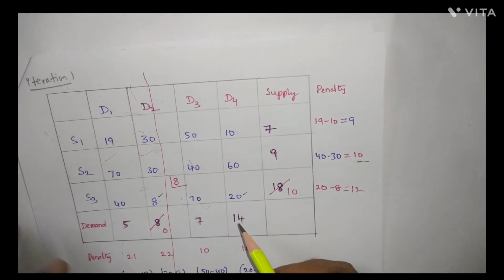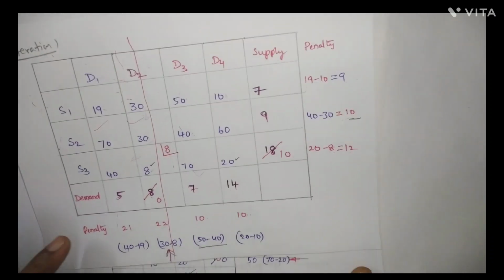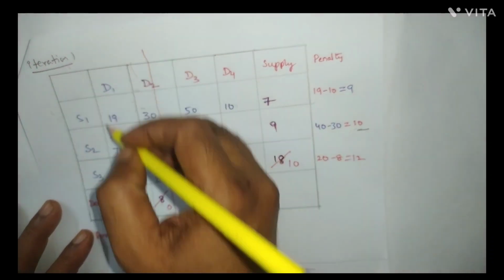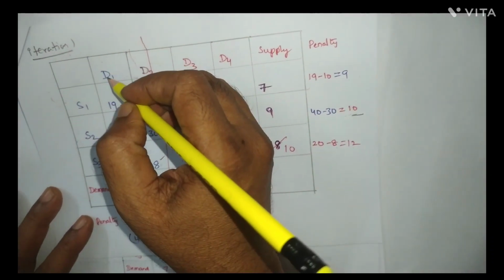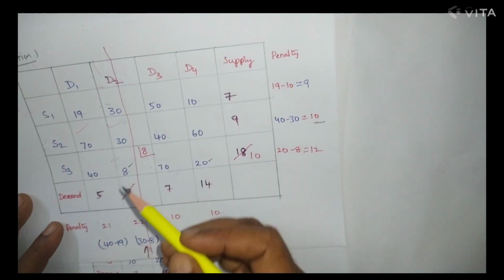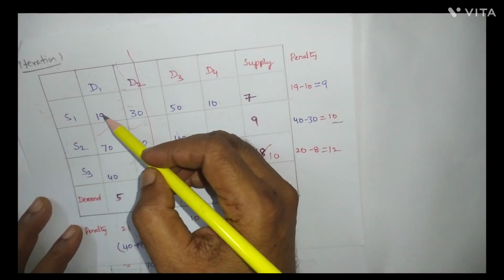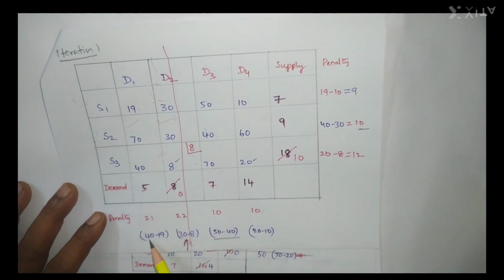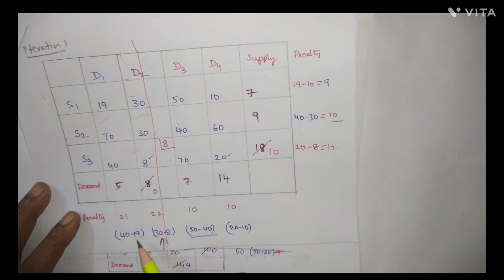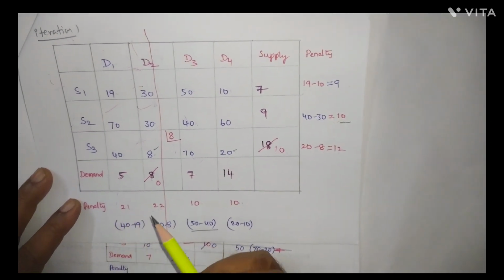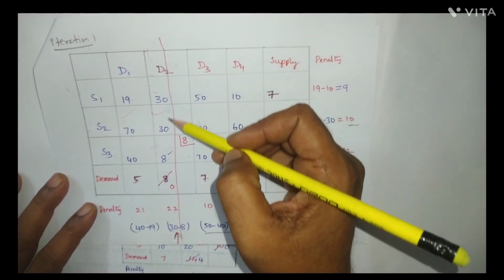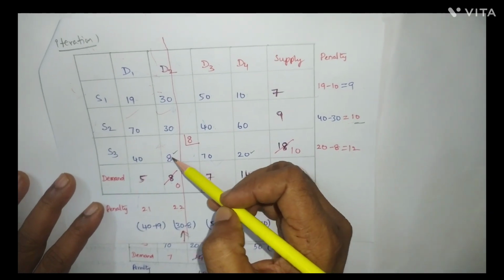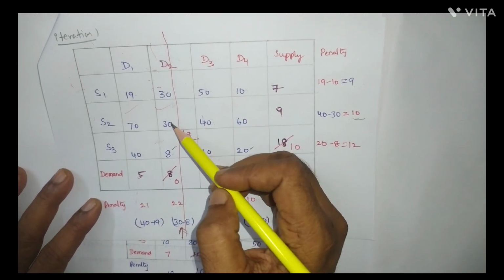Similarly, we calculate column wise. In the first column D1, the first minimum is 19, the next minimum is 40. 40 minus 19 equals 21. In the D2 column, the first minimum is 8, the next minimum is 30.